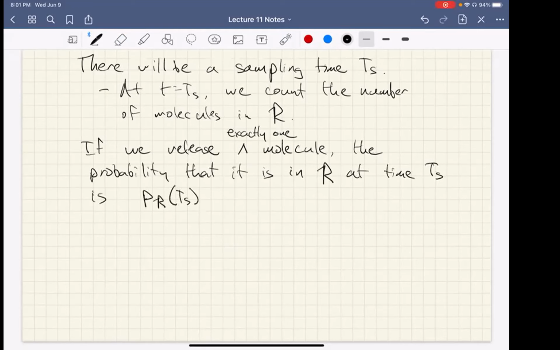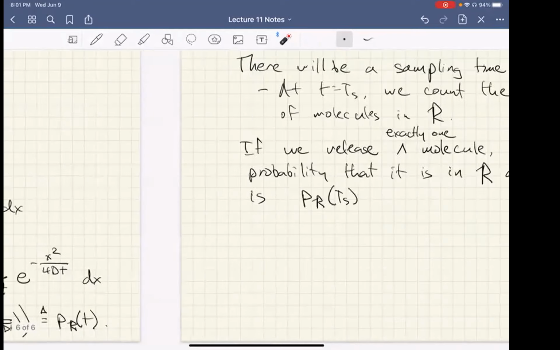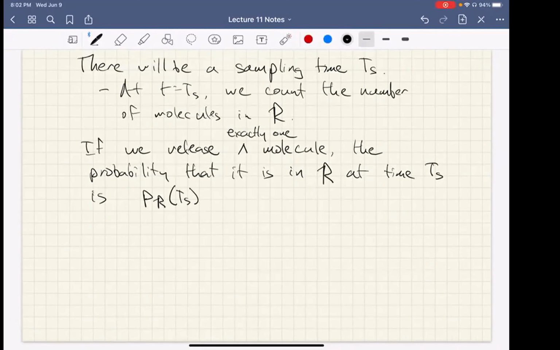And you can go back to the previous page if you like. You can substitute TS in everywhere you like here. So substitute TS in there and there, and you get PR of TS. Okay.